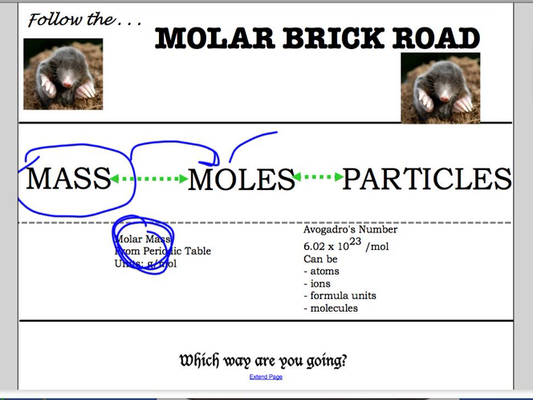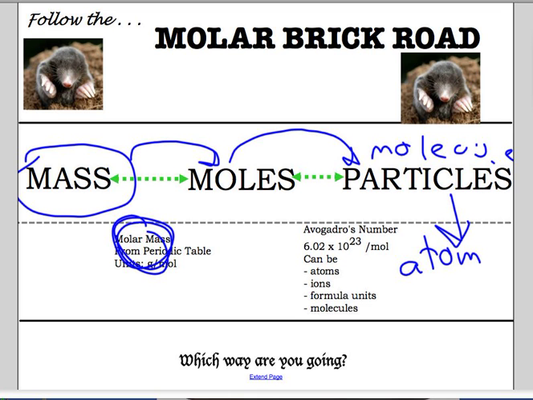We're going to go to particles, but for us, particles is going to be molecules. Which means we're going to have to do an extra step and go to atoms. Remember, we wouldn't have to do an extra step if this was an atom, but this is not, so we have to do it. So this is the worst kind of conversion I can make you do. And what it's going to look like is this.